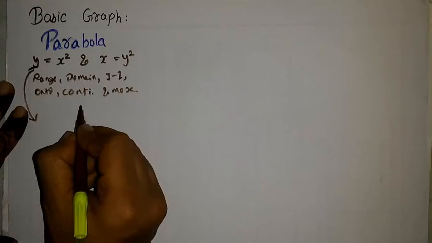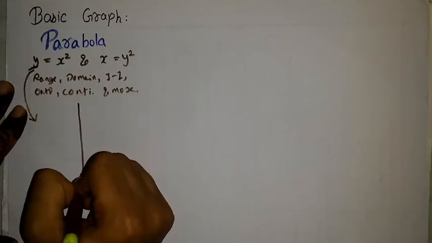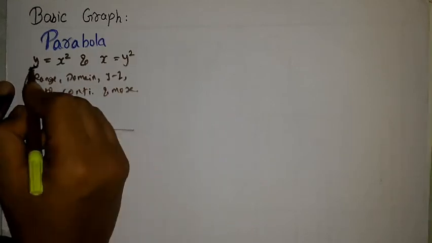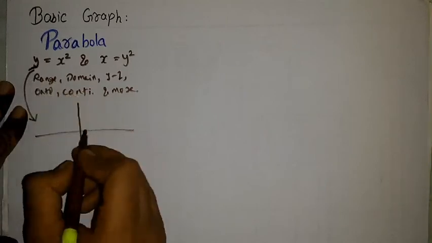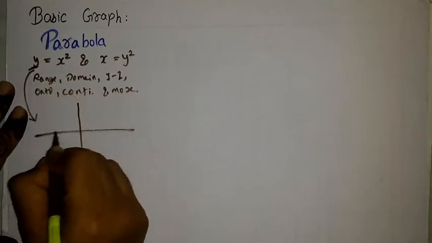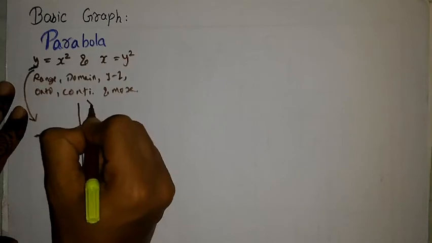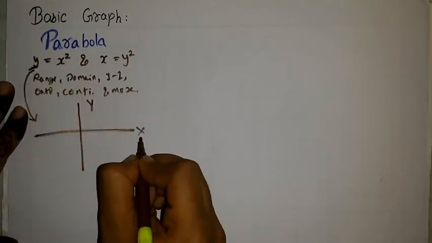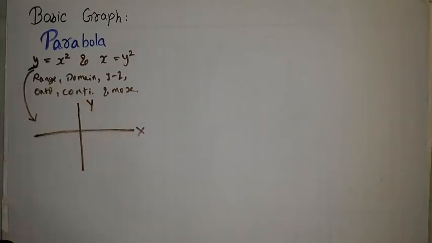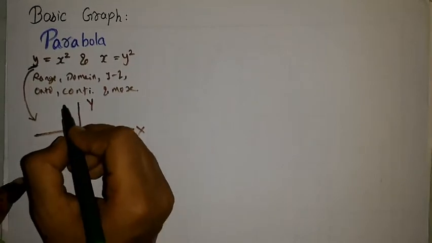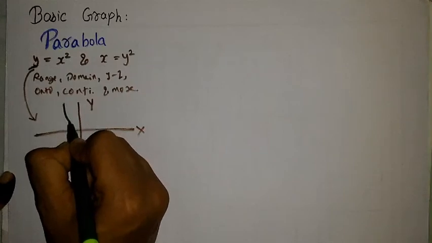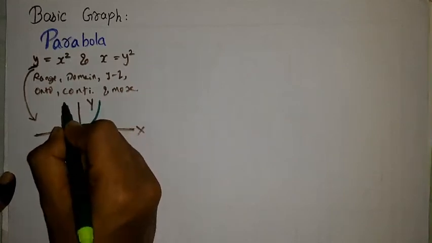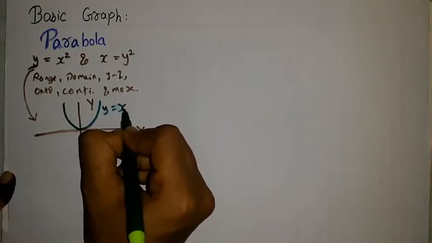So when y is equal to x square, we have to draw the graph along the y axis. Y is linear, so the graph will be somewhat like this. This is y is equal to x square.